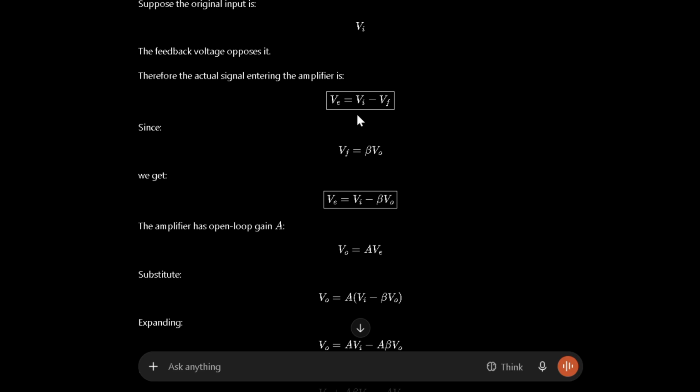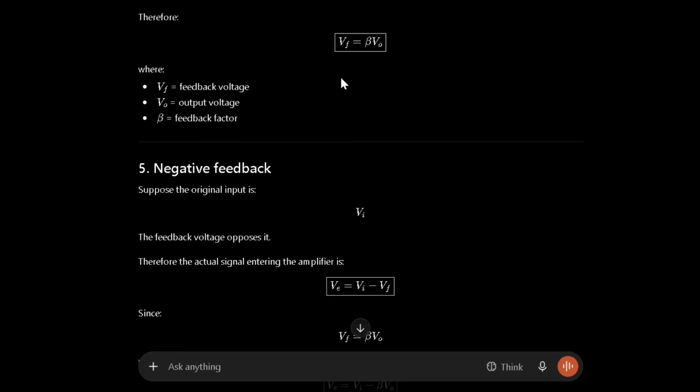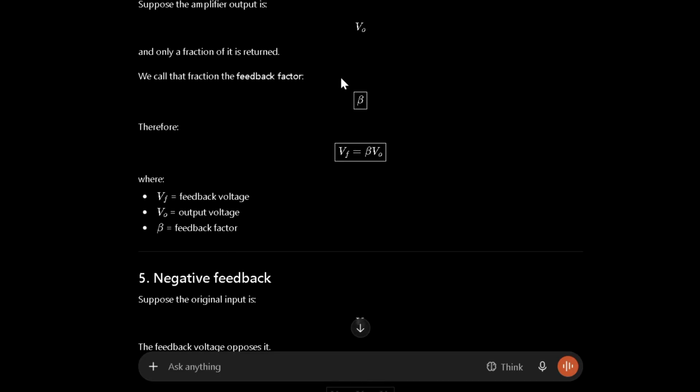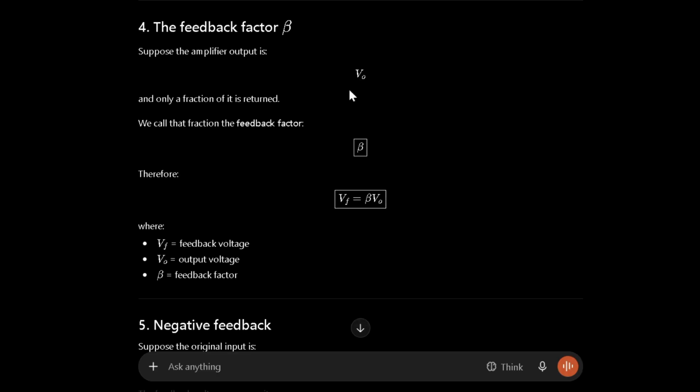Let's study the feedback factor. Suppose the amplifier has an output, and only a fraction of it is returned. We call that fraction the feedback factor beta. We want a fraction of the amplifier output, so beta is that fraction, like let's say 1/2.